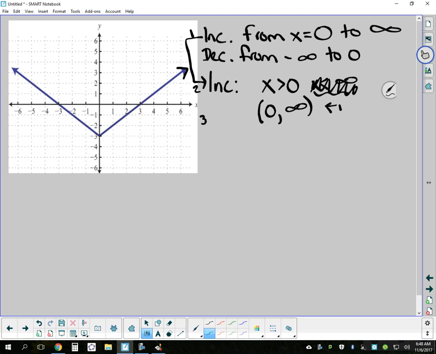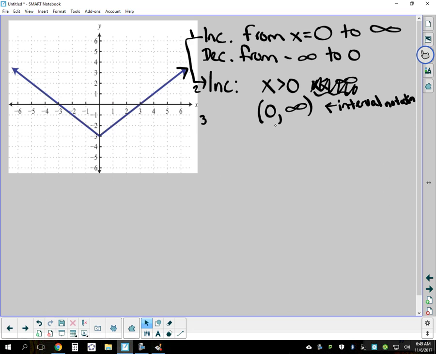This one is called interval notation because you're giving the interval on which it's happening. And this one is more of a set notation.